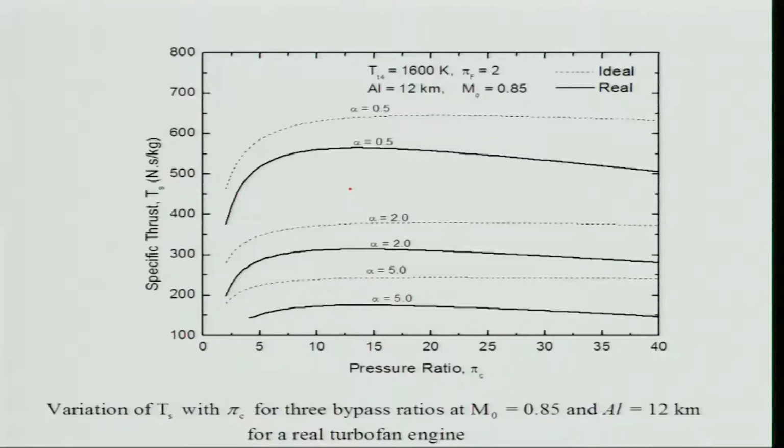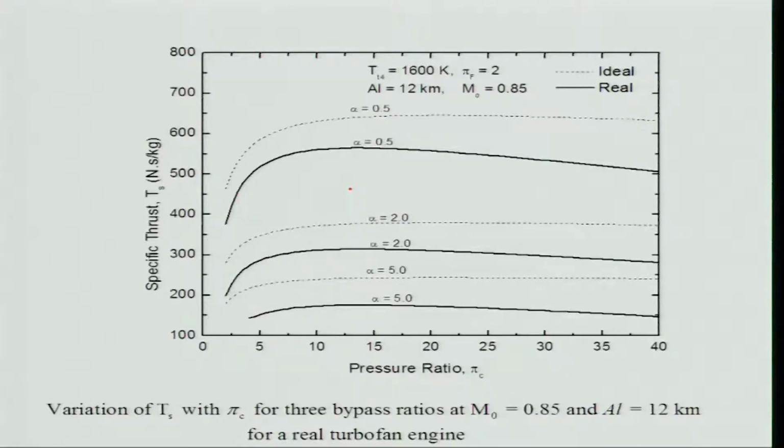Similarly, fan pressure ratio can be changed, as can flight Mach number, altitude, and the pressure ratio across the compressor. With more parameters which can be varied, you can play around and look at what you can get out of it.